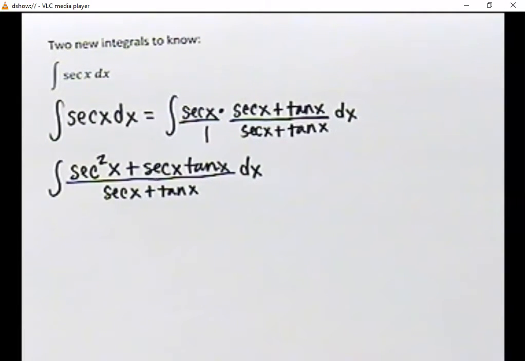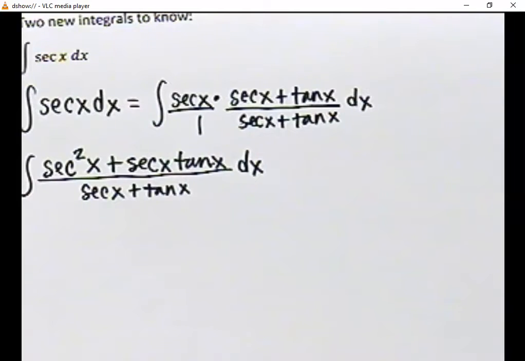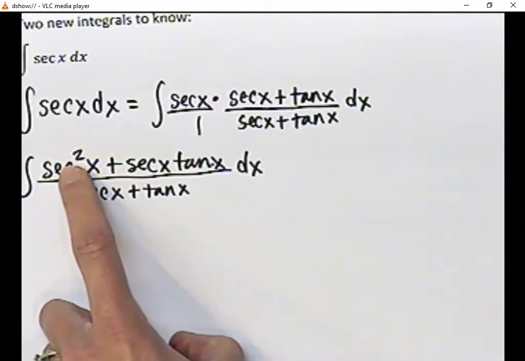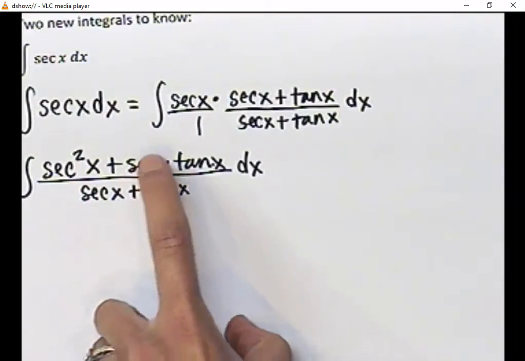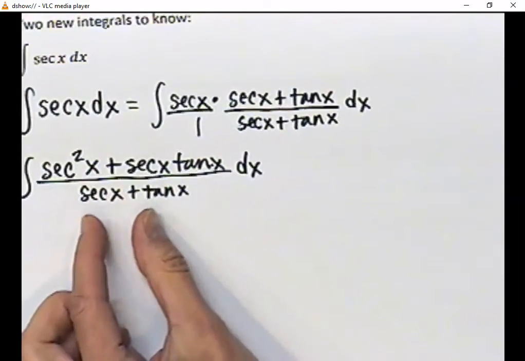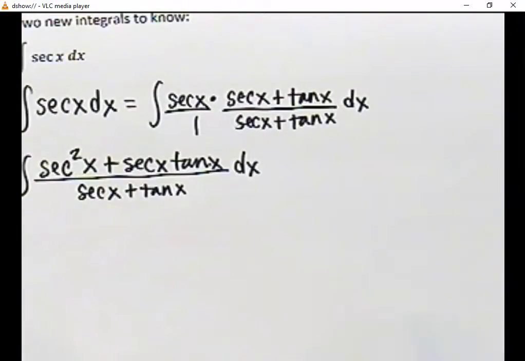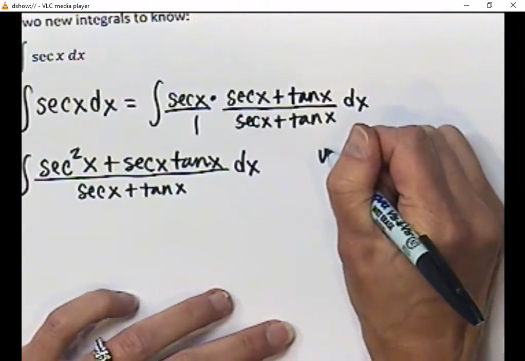Yeah, there is some relationship. Do you see the relationships we have? The derivative is there. What's the derivative of tangent? Secant squared. What's the derivative of secant? Secant tangent, yeah. So you see these trig functions on the bottom have their derivatives up here.